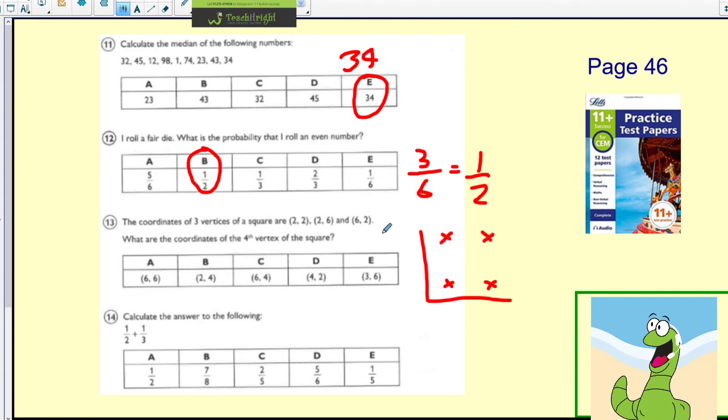So if I think about it, we've got the 2's have been used. The ones we've not used is 6, 6. I know this because all the sides are the same, because it says it's a square. All these distances must be the same. So from here to here is going from 2 to 6, and from here to here is going from 2 to 6. When we do both, we're going from 2 to 6 and 2 to 6 on both cases. So the answer is A, 6, 6.